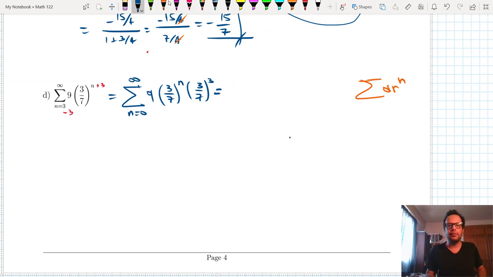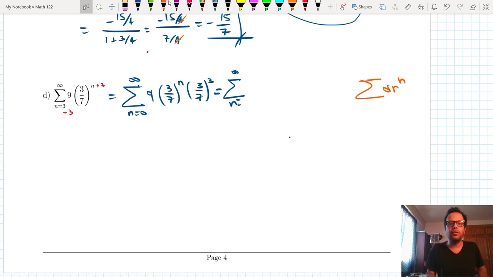So sigma n equals 0 to infinity, 9 times 3/7 to the nth power and times, no, not 9, hold on, 27 over 343, which is 7 cubed.